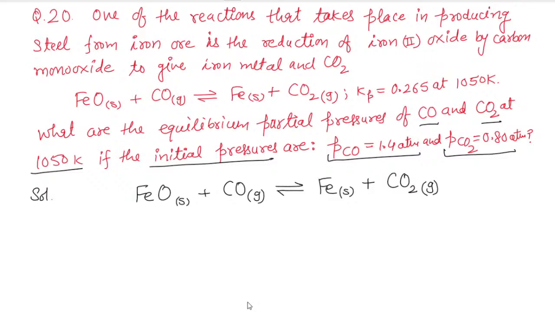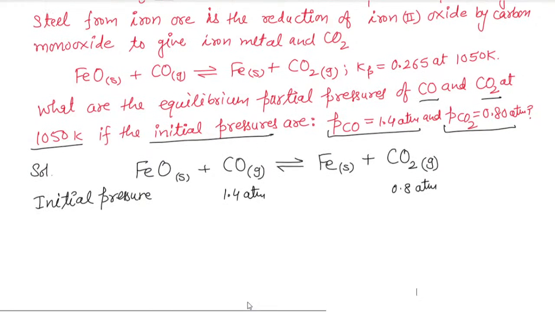They are given to you initially. FeO is solid and Fe is solid, so they are not counted in the expression. So the initial pressure of CO is 1.4 atmosphere and CO2 is 0.8 atmosphere, right? This is the initial pressure.